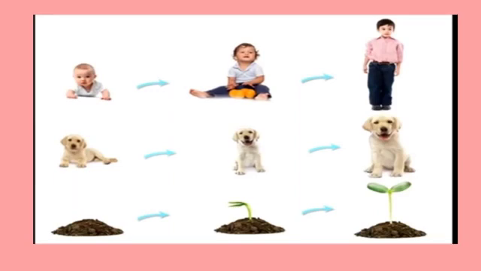A kitten grows into a cat. A baby first grows into a little boy and then grows to a man. A puppy grows into a dog. But have you seen your pencil box or water bottle grow? No, these things do not grow.